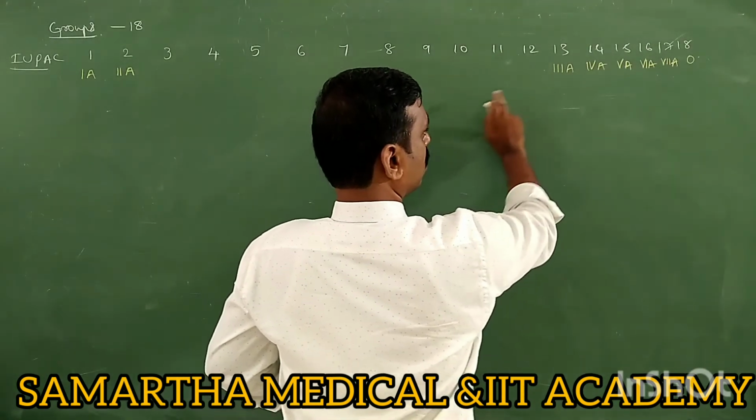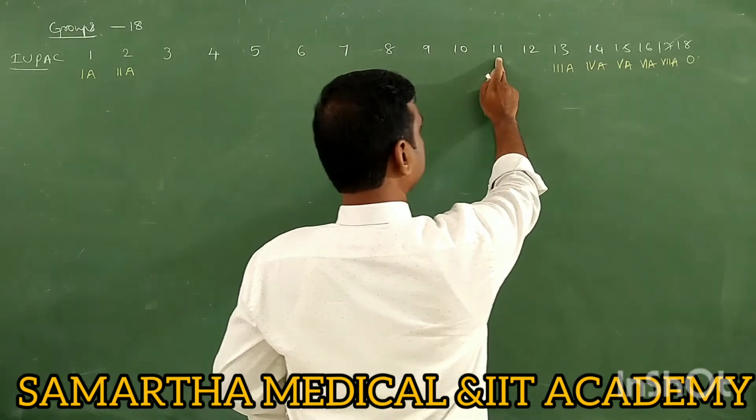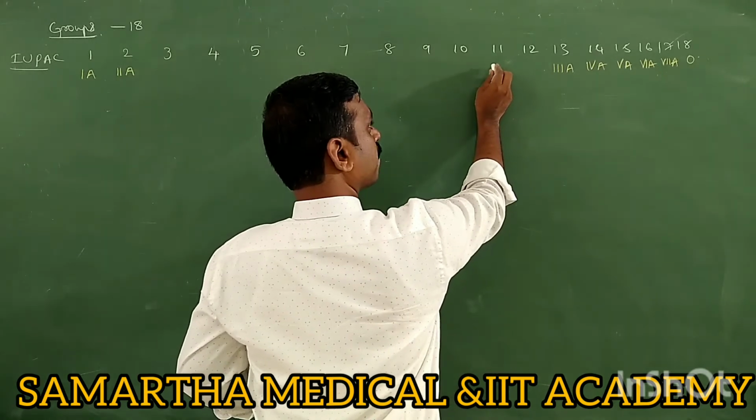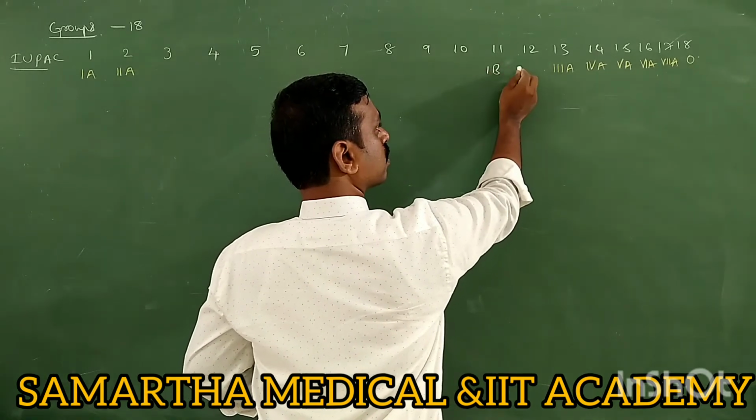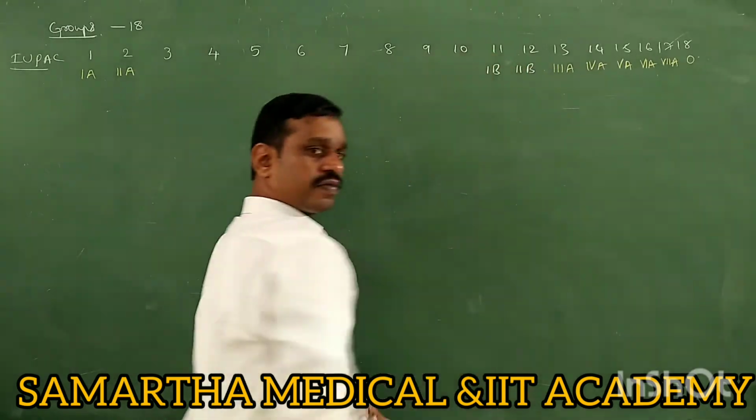Next, the 11th group is called 1B, and the 12th is 2B.